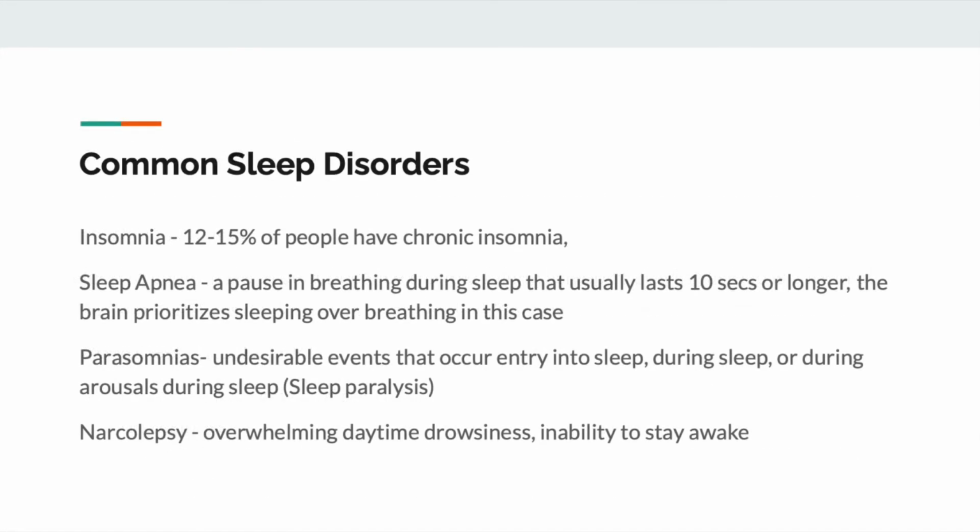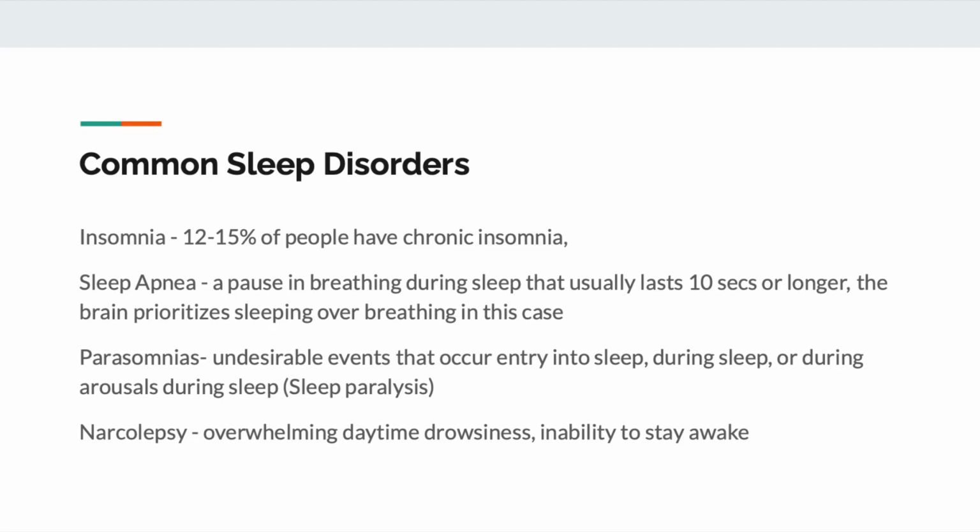And speaking of sleep disorders, some of the most common sleep disorders are insomnia, sleep apnea, parasomnias, and narcolepsy. Insomnia is characterized by the inability to go to sleep or stay asleep, and 12 to 15% of people have chronic insomnia. Sleep apnea is characterized by a pause in breathing during sleep that can last 10 seconds or longer. And this is when the brain is prioritizing sleep over breathing, which can be truly fatal.